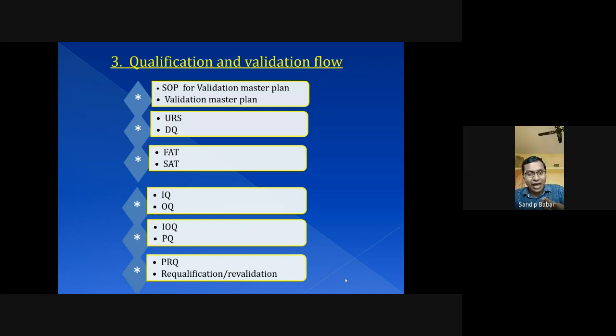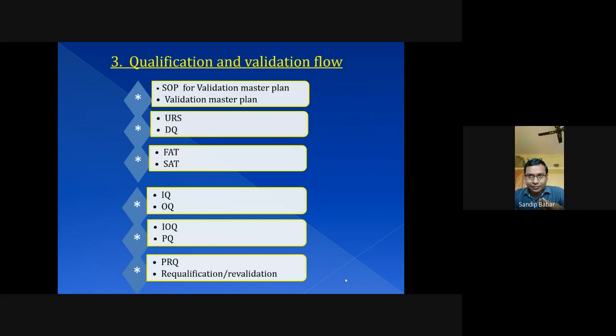Then the report will be released and the system will be released for use. That is the overall idea of the validation master plan. Every company has one, which gives the idea of what systems are present in the company, how they are qualified, how they are validated, and how they are released for use.